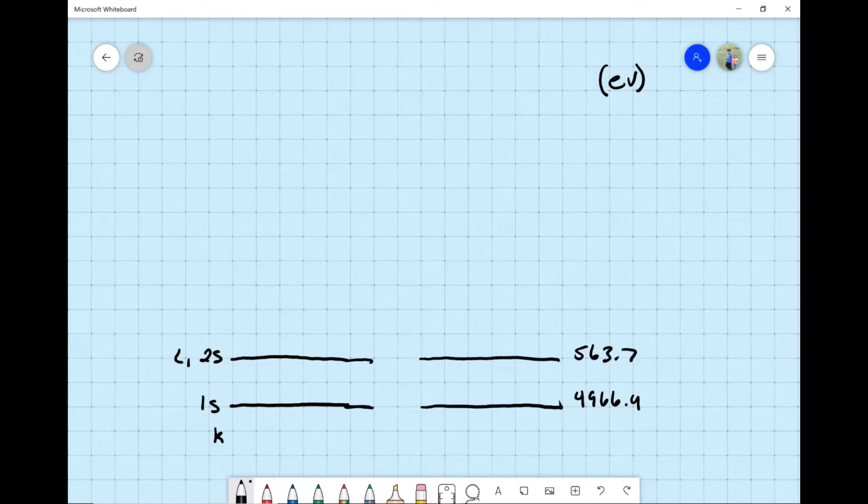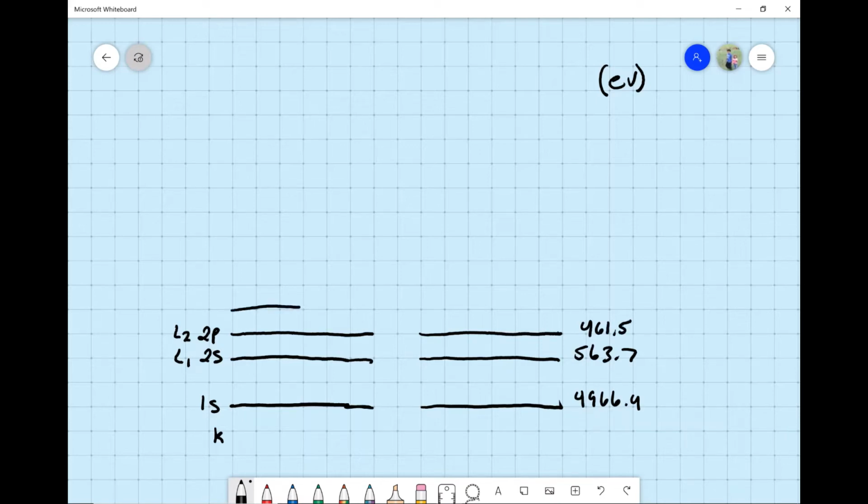And we have another energy level. This one's going to be another 2-level shell, 2p. So this is L2, and we'll draw the accompanying one here. This is going to be 461.5. And we have another shell.